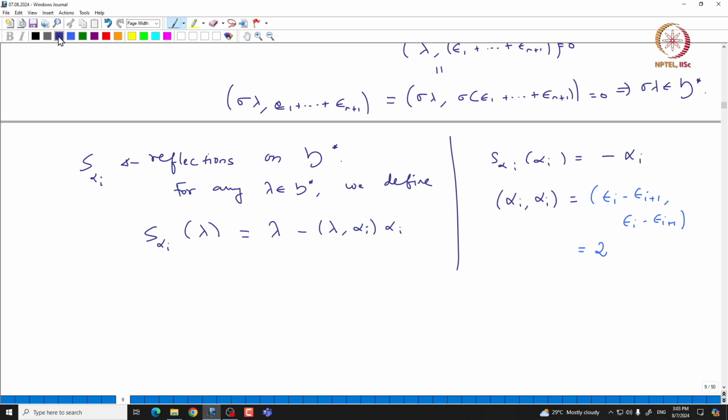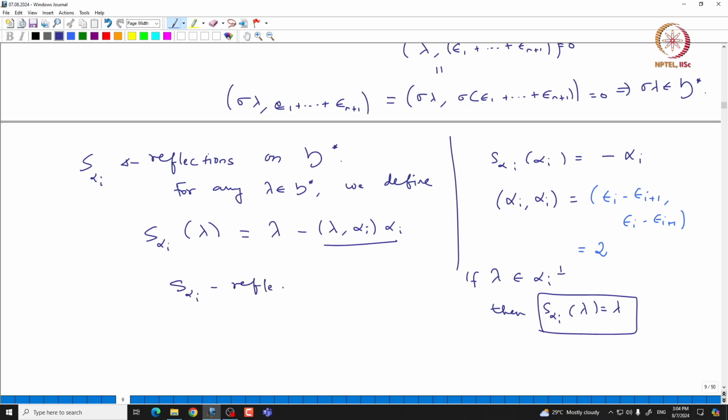Now if you take any lambda which is orthogonal to alpha i, then you can easily see that s alpha i of lambda is going to be lambda, because this part will become 0. So, this tells you that s alpha i fixes the hyperplane which is orthogonal to alpha i, and it sends alpha i to minus alpha i. So, that means it is a reflection about this alpha i perp.